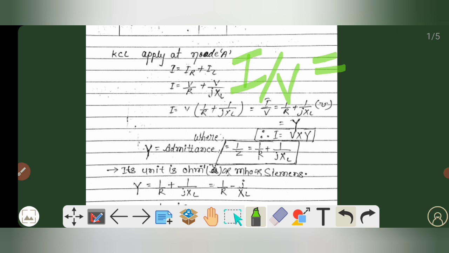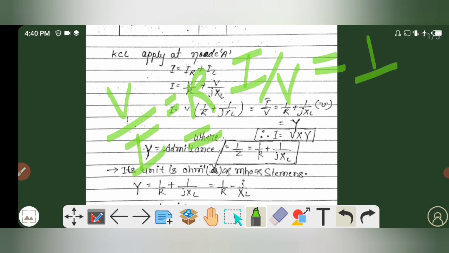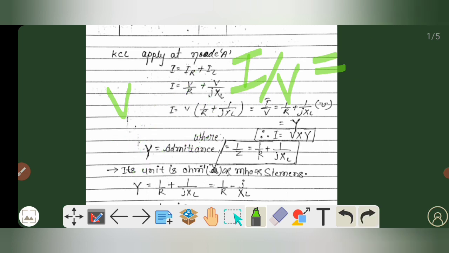Now, we know that V by I is equal to R, so I by V is equal to 1 by R, the reciprocal of resistance. Because this is the reciprocal of resistance, its unit will be the reciprocal of resistance.